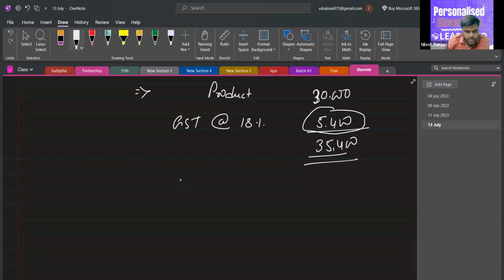Have you seen any product with "inclusive of all taxes" written on it? Do you have your textbook? Is there any price written on that book?